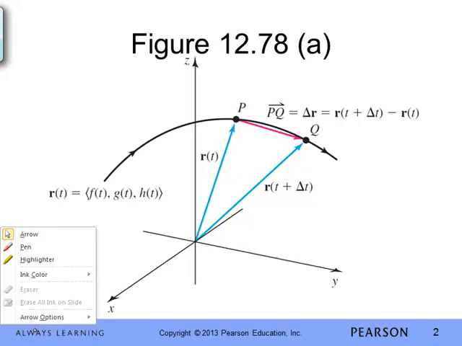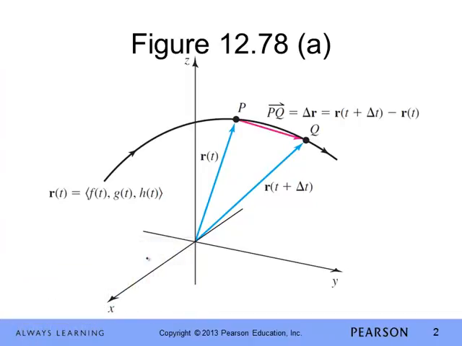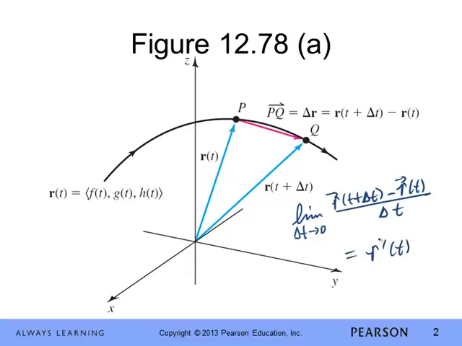Let me pull out my pen here. So then we could take a look at taking the limit as delta t approaches 0 of r of t plus delta t minus r of t over delta t. And that's going to be what r prime of t is.